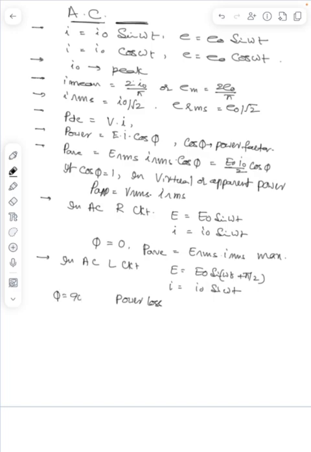Phi equal to 90 degrees and cos phi equal to 0, and power loss equal to 0, power factor equal to 0. Inductive reactance XL equal to 2 pi F L equal to omega L, where F is frequency.